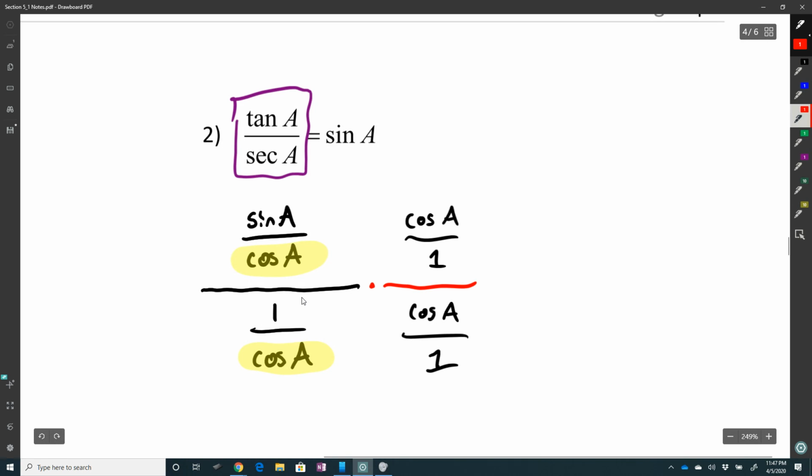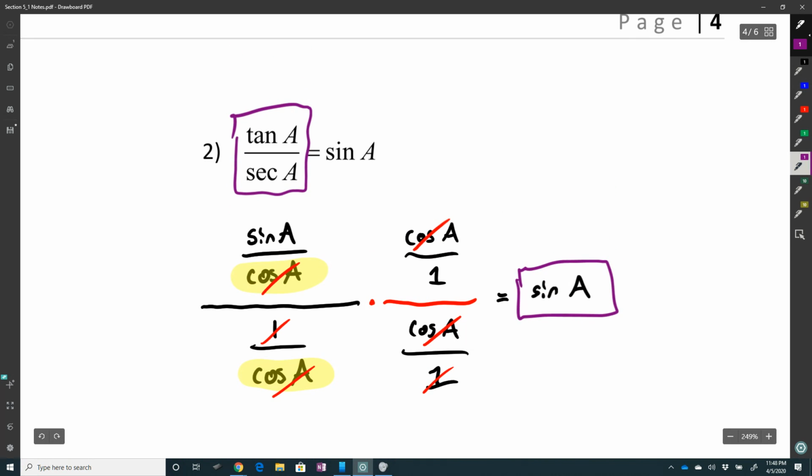Now when you do that, notice the 1s cancel, cosine A cancels, and you're left with just sine of A. There you go.